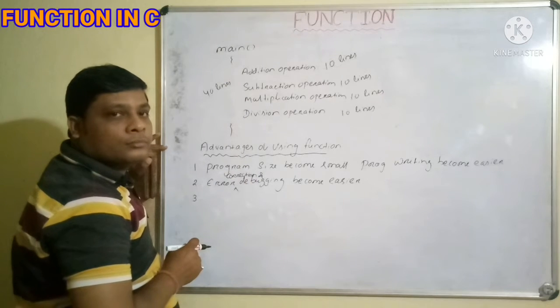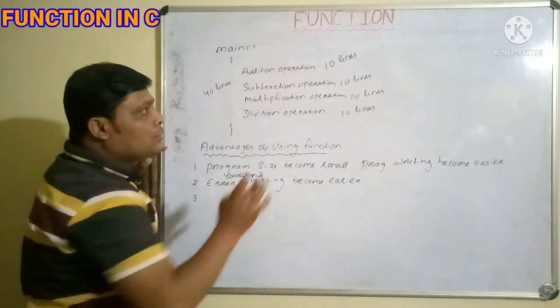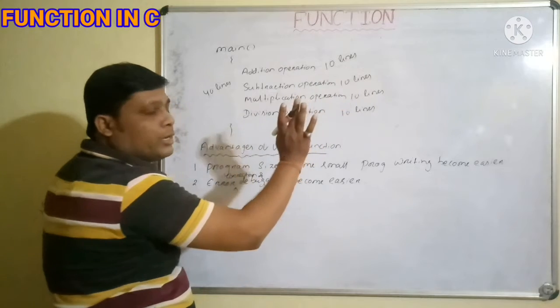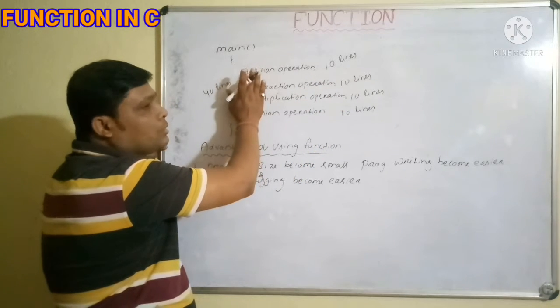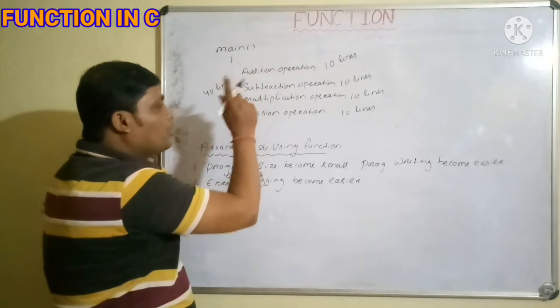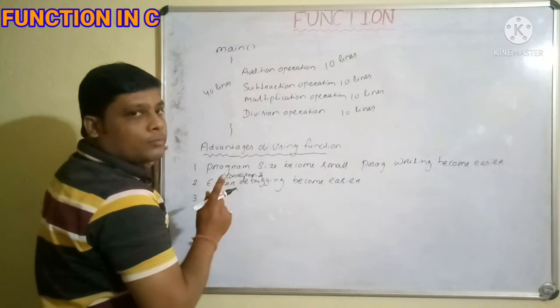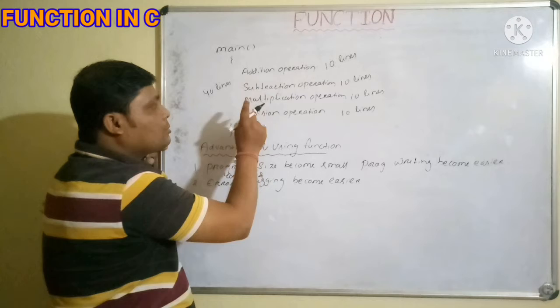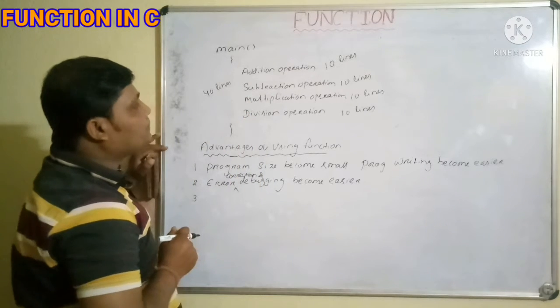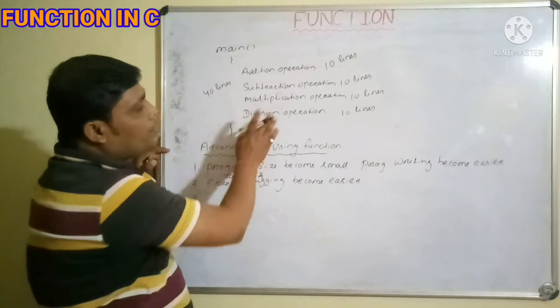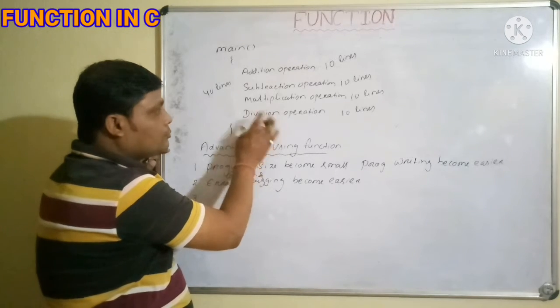Clear? This is 10, 10, 10, 10, 40 lines total I have to write if I do these operations once in my program: addition once, subtraction once, multiplication once, division once. But just consider, here I am not using any function.